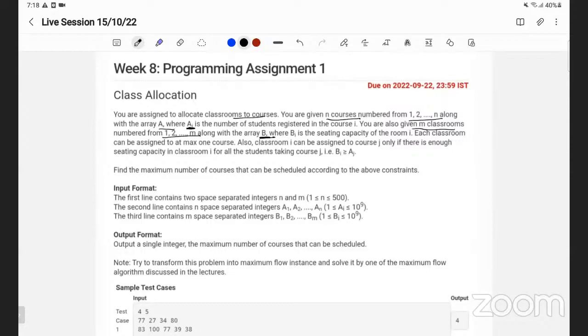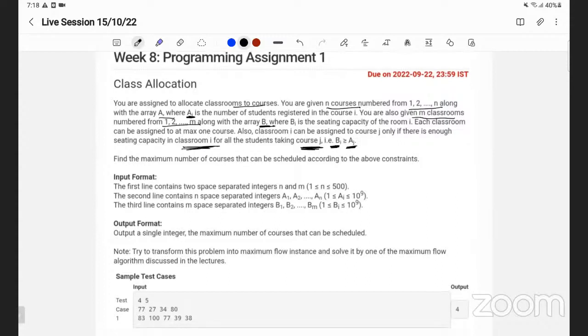And the additional condition is that suppose we assign the classroom i for the course j, then this is only possible when the capacity of classroom i is greater than or equal to the number of students registered in the jth course. Right? So these are the conditions.